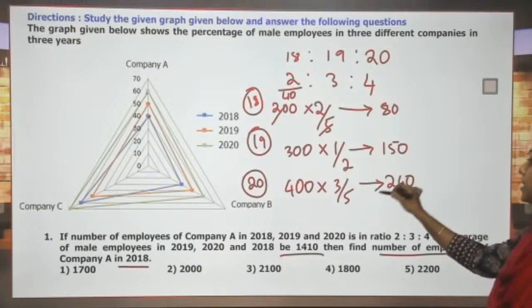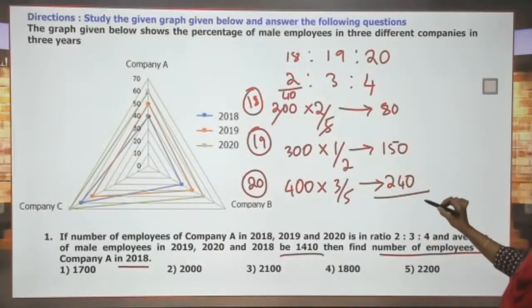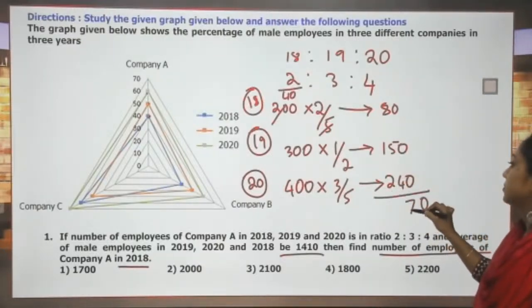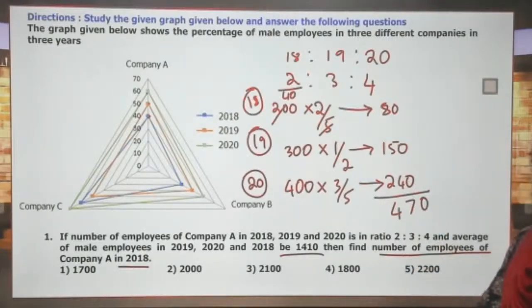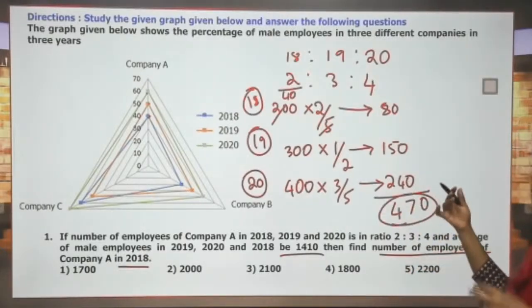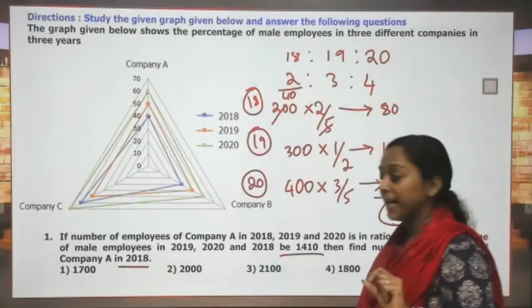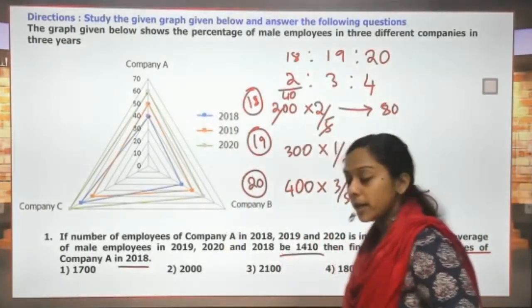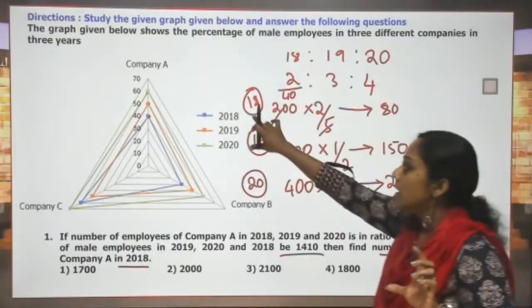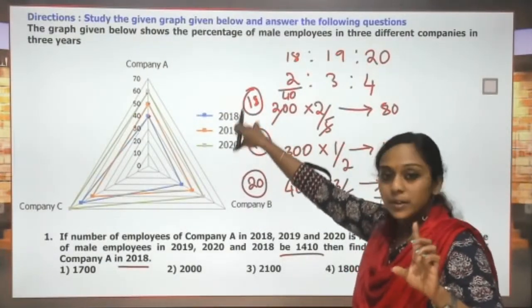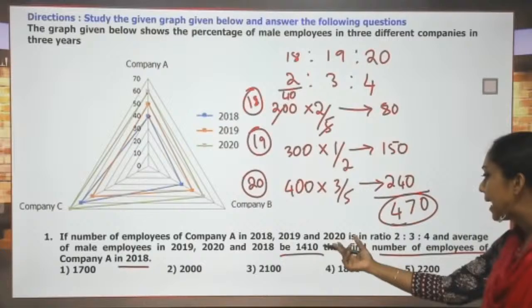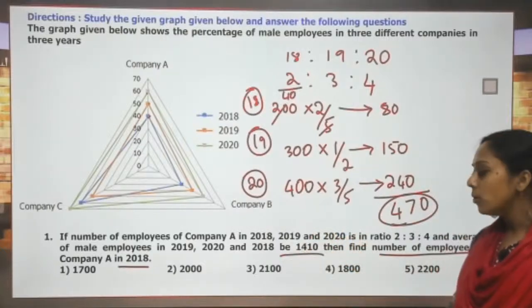Okay, so let's add this. So this is 470. From our assumed values, this represents the total male employees in company A during these 3 years, and it is given that the average is 1410.